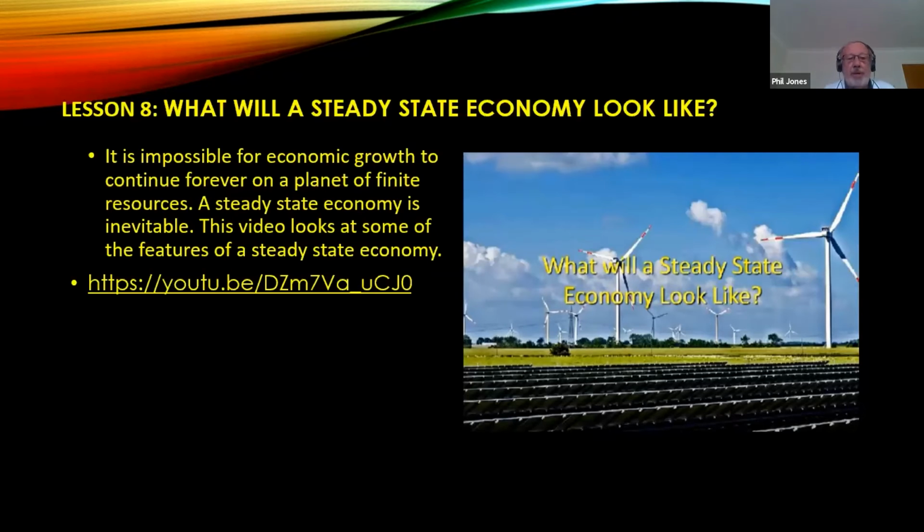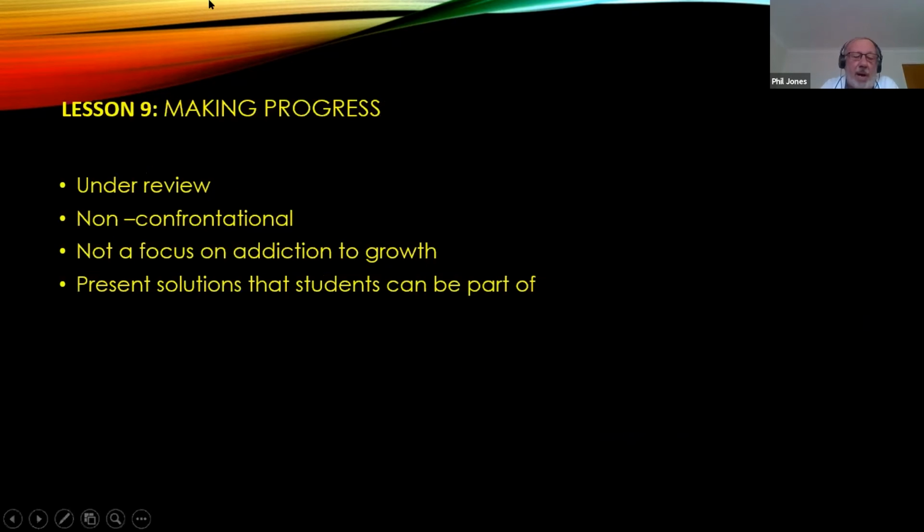And that brings me then to lesson number 9, which I had the text written for this, but when I passed it to, first of all, my colleagues in CASI, the Centre for the Advancement of Steady State Economy, and I am on their committee. They pointed out a number of faults or defects with it, which I wanted to take into account.